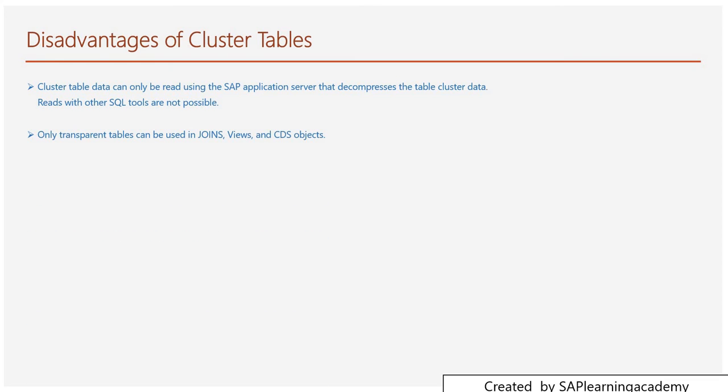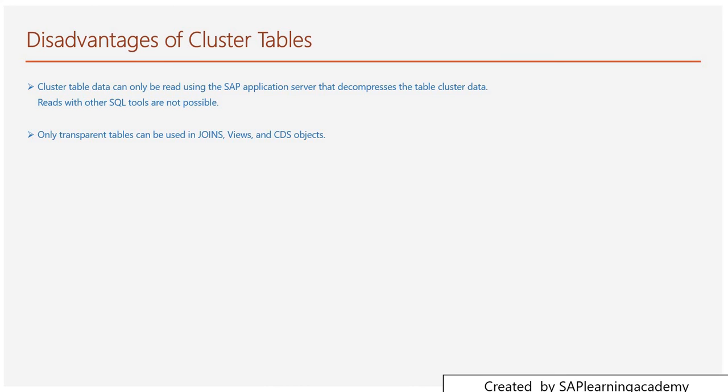Second is that only transparent tables can be used in joins, views, and CDS objects. Here the BSEC table that we're calling is a transparent table, so only these tables can be used in joins, views, and CDS objects.